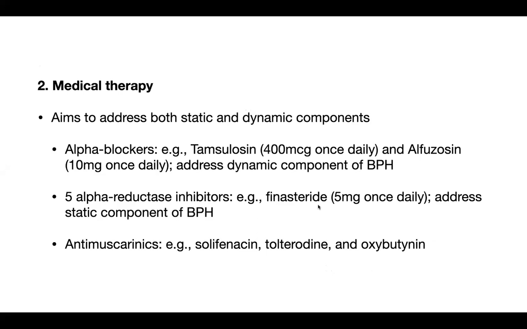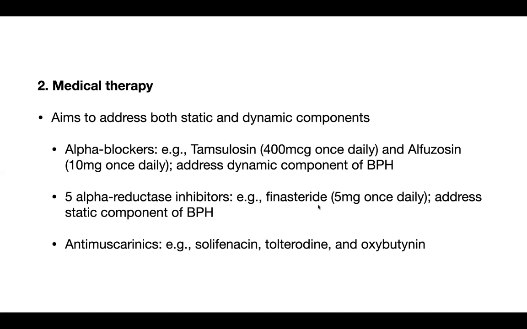And then we have medical therapy. Medical therapy aims to address the static and the dynamic components that we had discussed earlier on. And it includes some different entities, which are basically medicines that are given to these patients.